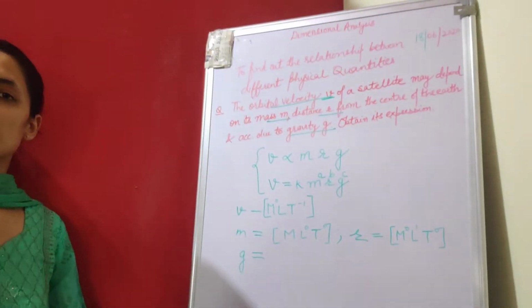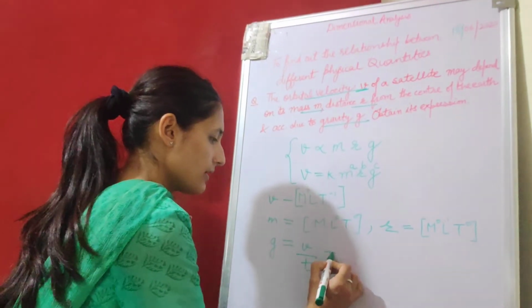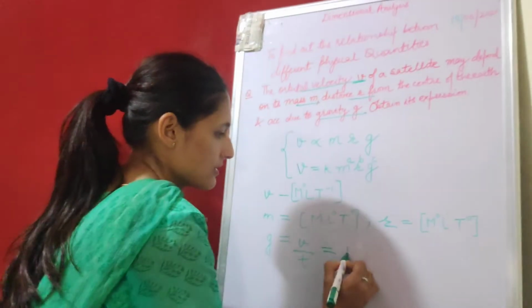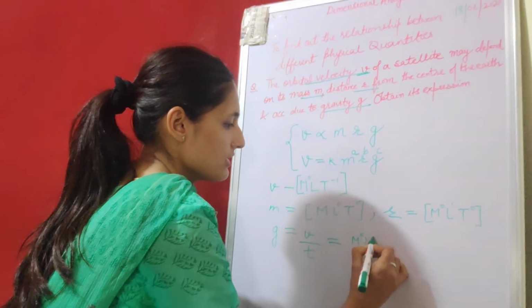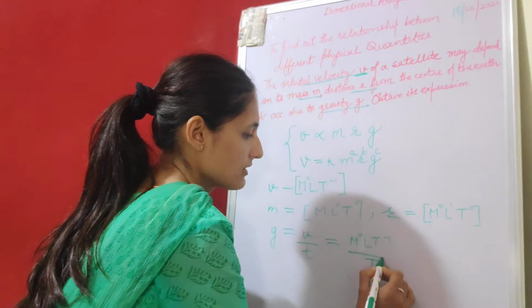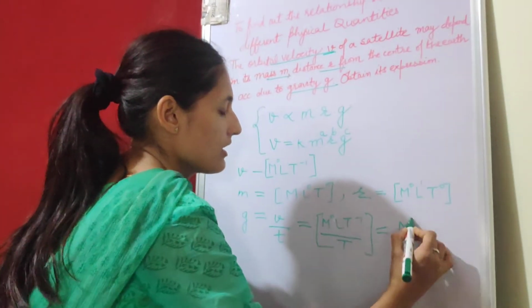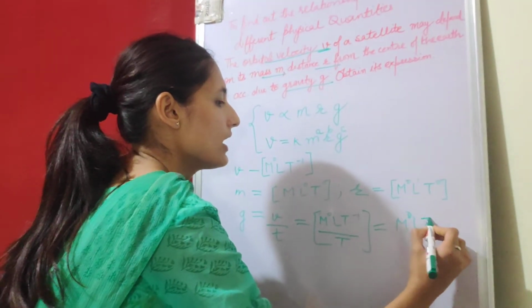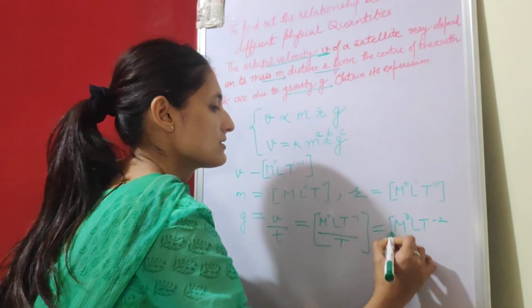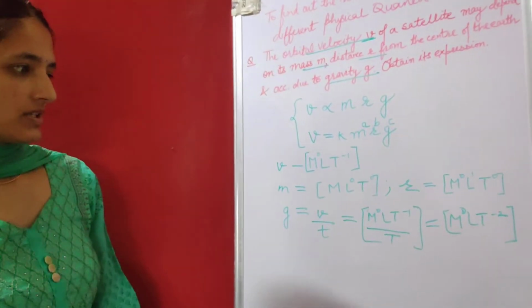It is simply acceleration, that is velocity upon time. Velocity is M0 L t minus 1, and again divided by time. So what will be the dimensions? M0 L t minus 2. This much is clear.